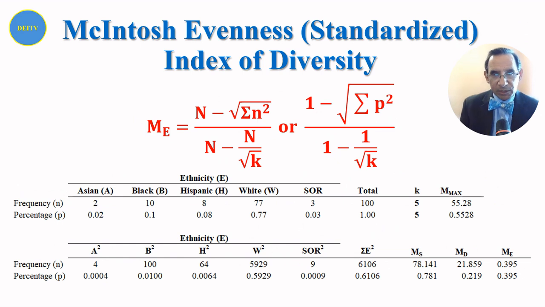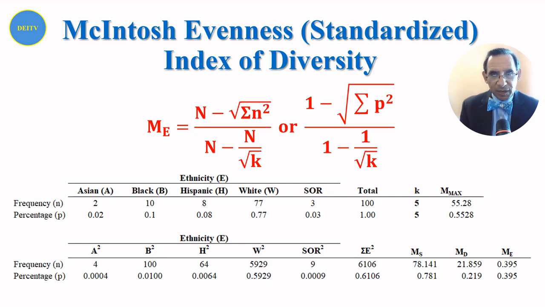So similar to the Simpson index, which was covered in episode 1, to obtain a standardized or evenness score, it's going to be the diversity score divided by the maximum value. So for the McIntosh index, if you're using frequencies, the standardized McIntosh score is going to be the total number of individuals in an organization, which is big N, capital N, minus the square root of the sum of each frequency of each category squared.